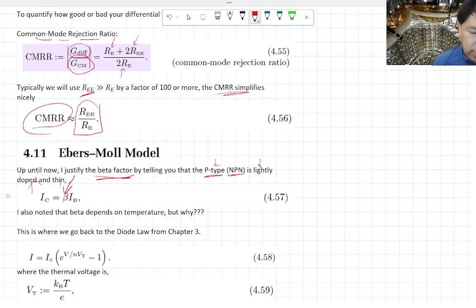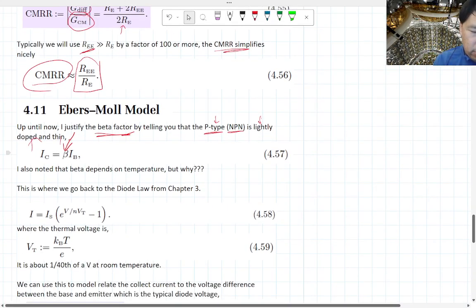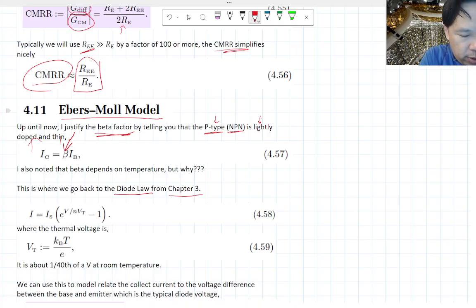So we can actually explain this if we go back to the diode law from chapter 3 and use the Ebers-Moll model in order to see how the current behaves near the diode voltage point around the depletion zone.